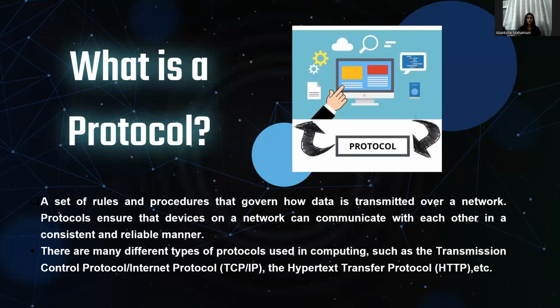Then what is a protocol? A protocol is basically a set of rules in order to communicate over a network. There are many protocols. One of them is the TCP/IP protocol, which stands for Transmission Control Protocol, Internet Protocol, which has several layers like application layer, transport layer, network layer.